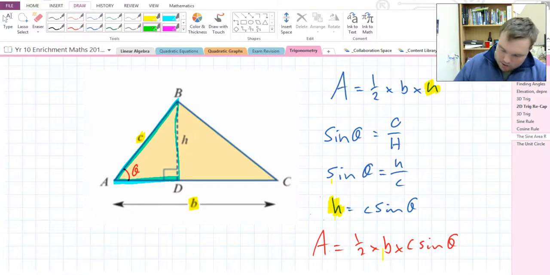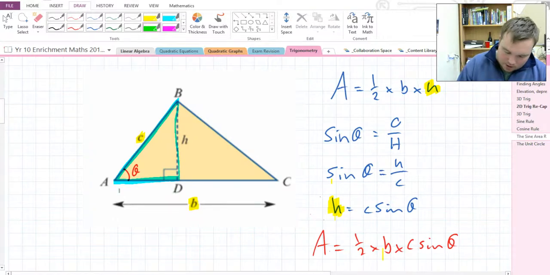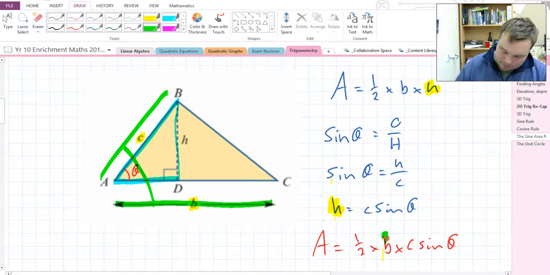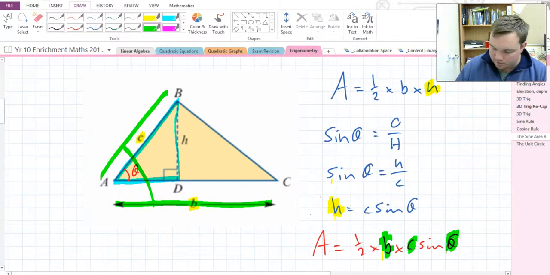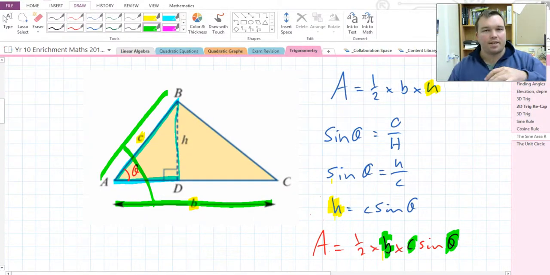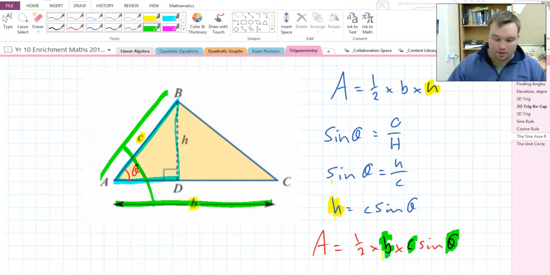What you'll notice is that we've got a half times one side times the next side times the sine of the angle in between. That is a half times one side times the adjacent side times the sine of the angle in between. And if we felt like flipping this triangle on its each side, that would work for any triplet like that.